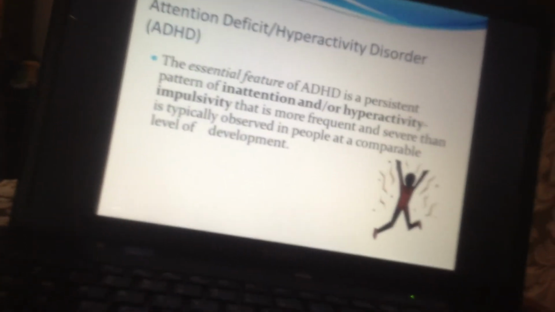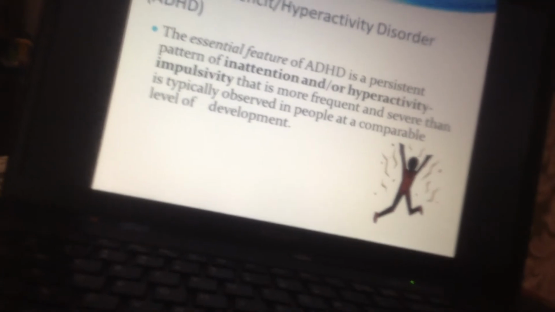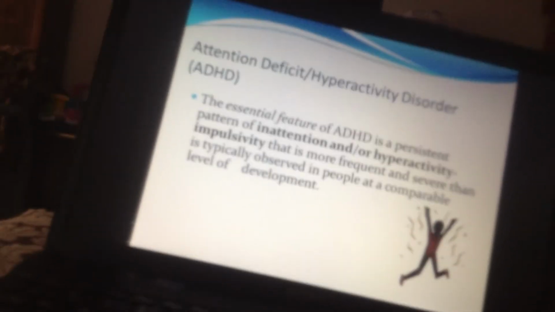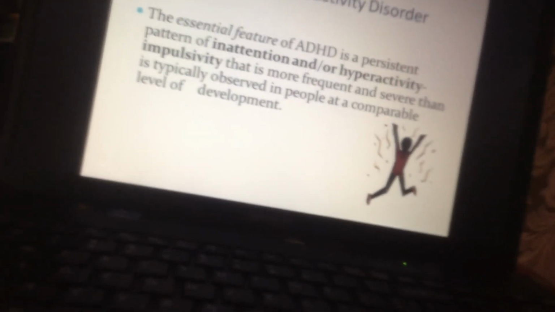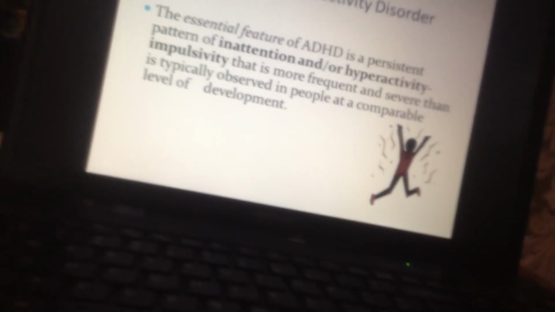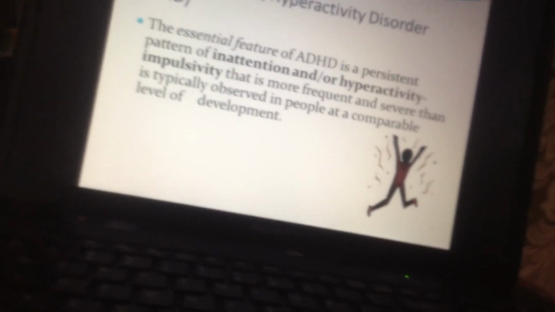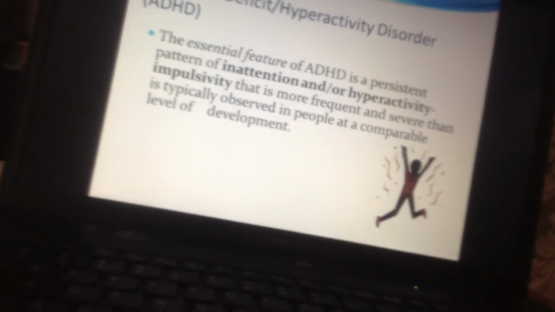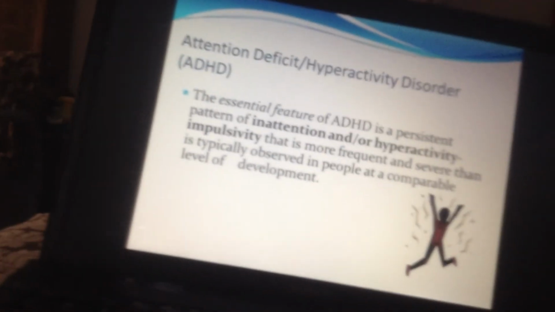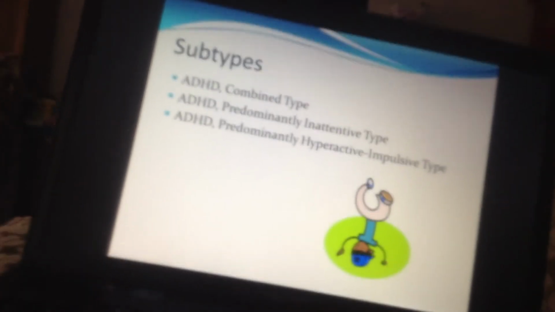Okay, let's talk about ADHD. Now, with these kids, either they have problems with their attention span, they cannot be attentive, or they're very hyperactive and impulsive. So either or, they have problems, and it is more frequent than you would see in kids of their same age. Okay, and these are the subtypes.